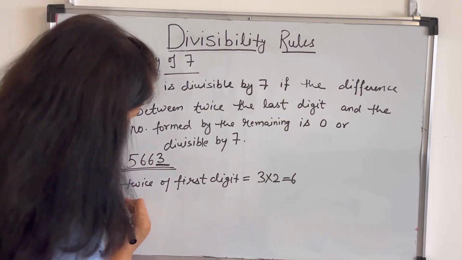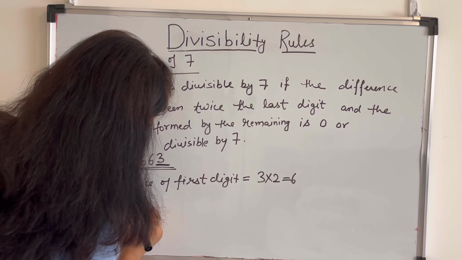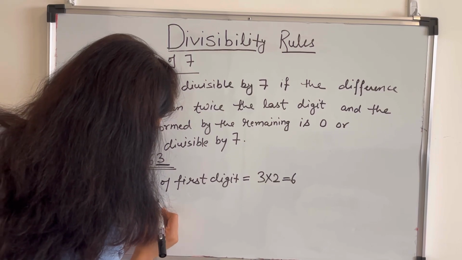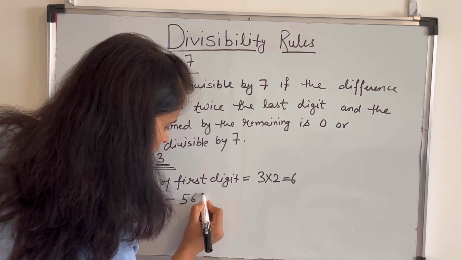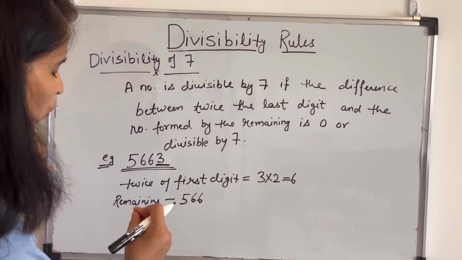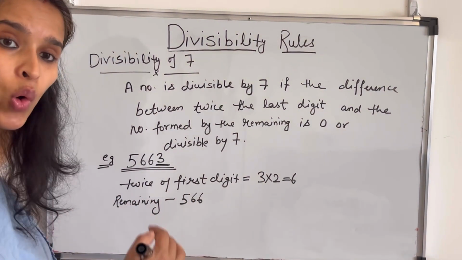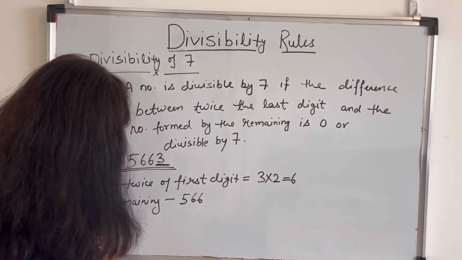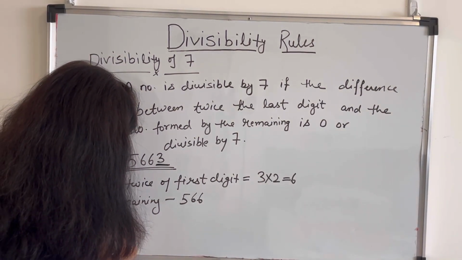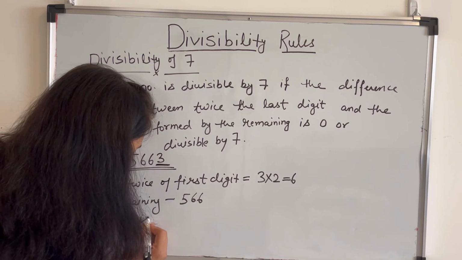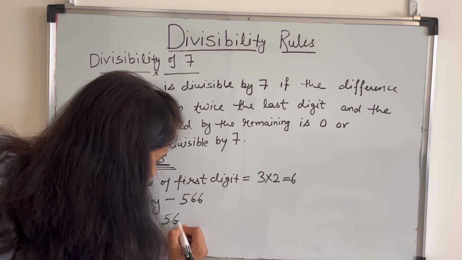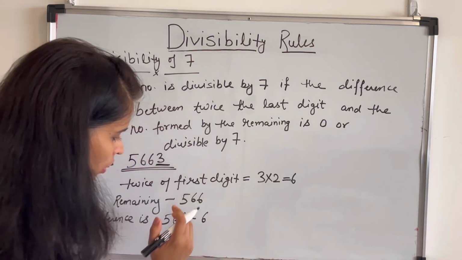Now the remaining number. Remaining is 566. Now what are they saying? We need to find the difference between the remaining number and twice the last digit. So the difference is 566 minus 6. I hope you understand.